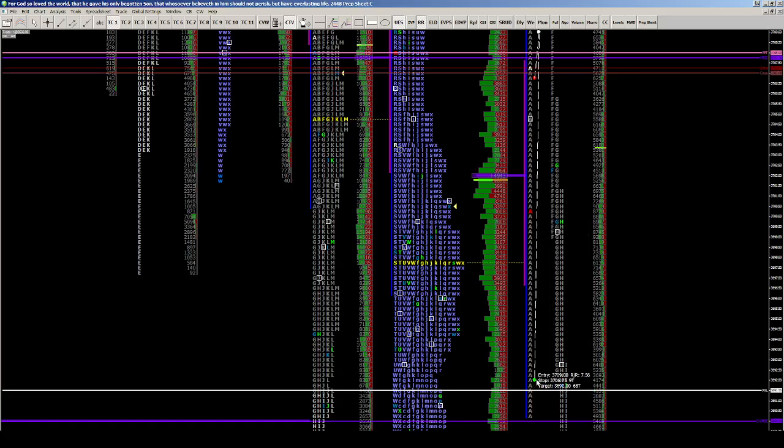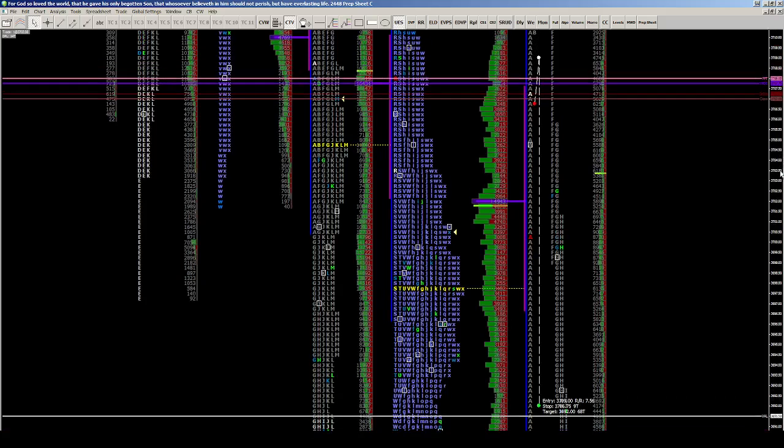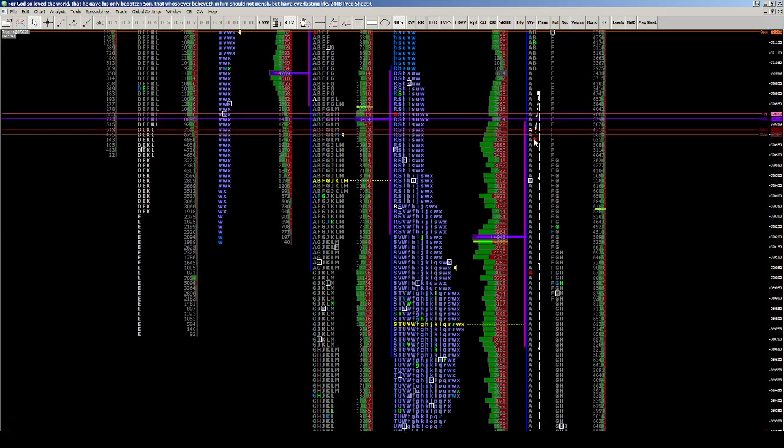We came down to the value area low at 90, I think it was 92. We did get lower to 90 at the contract low, but we were only going to come out a little above the value area high, just to be slightly conservative, even though I'm trying to capture this move and see how that happens.